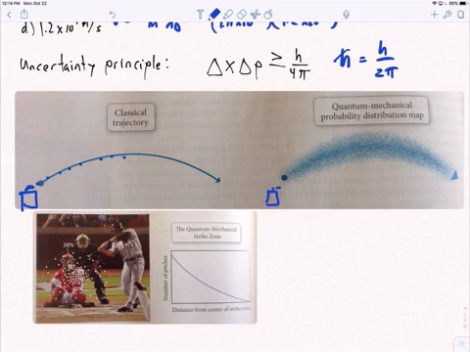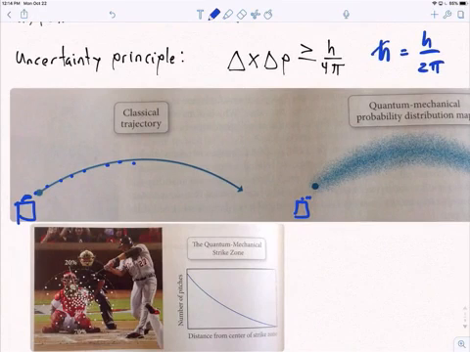What this is saying is that we can only know the position or the momentum of something so much. Quantum mechanics works off of 7 dimensions. There are 3 dimensions for position. If you have a point in space, we have 3 dimensions to describe where it is: the length, width, and the height, or x, y, and z.